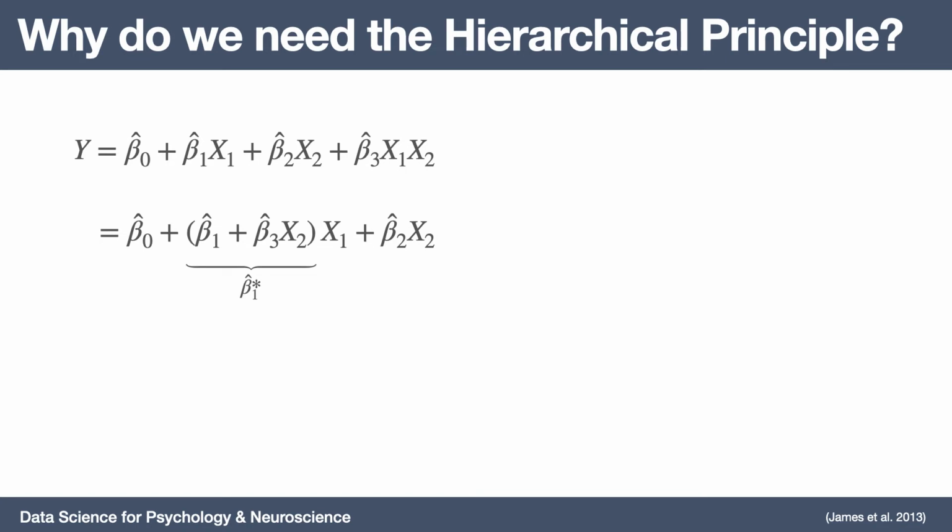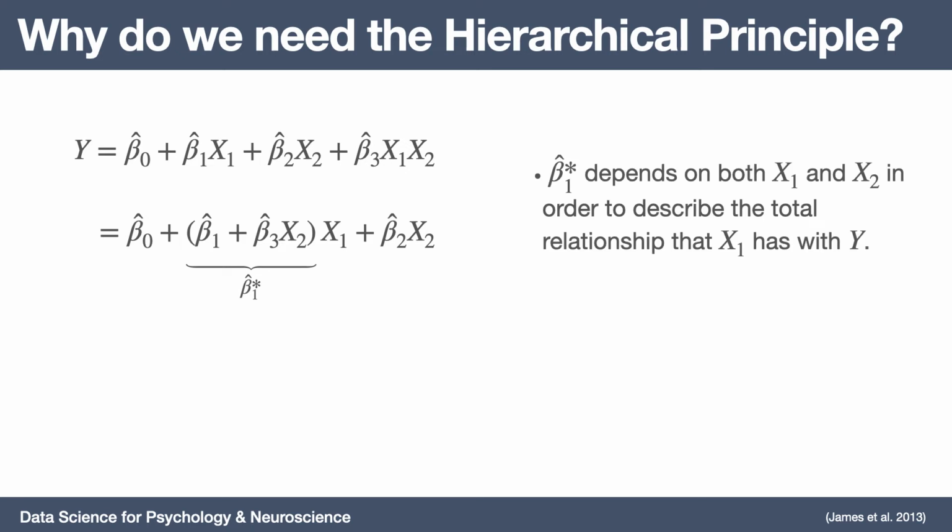So I can configure things here such that I now have my intercept plus a term that includes beta hat 1, which is the main effect for x1, plus beta hat 3 times x2, wrap those into a single term, which I'm going to call beta hat 1 star, and multiply that by x1. So that becomes the modified regression coefficient that really describes the effect of x1. And then I have beta hat 2 x2 for the main effect of x2. This is the same equation as what I had before. But really what I'm doing is I'm trying to understand the entire effect of x1 by combining the main effect and the interaction term.